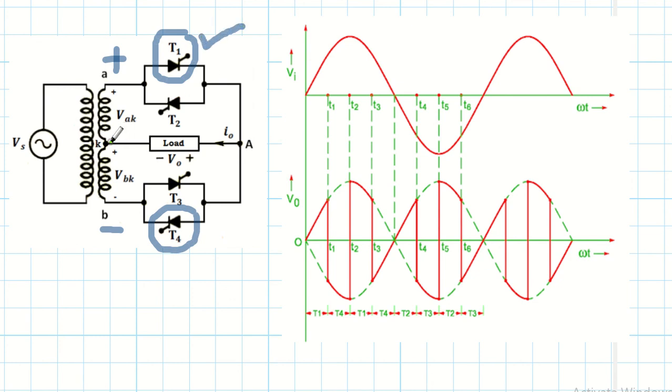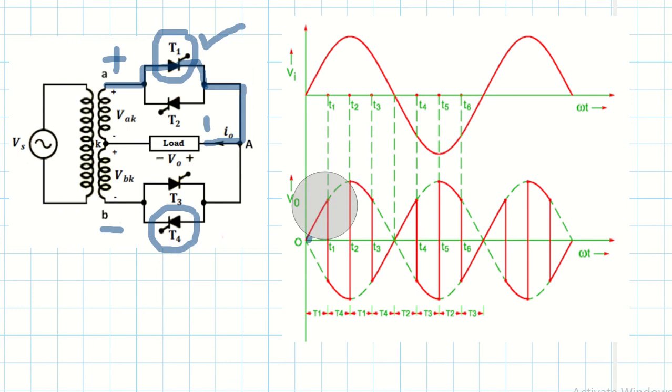Our current will start from here because T1 is conducting, pass through T1, and go towards the load over here. This is our positive and this is our negative, and we will have this portion of the waveform.